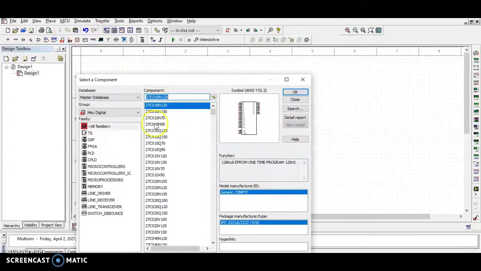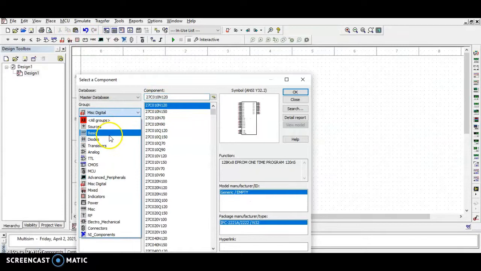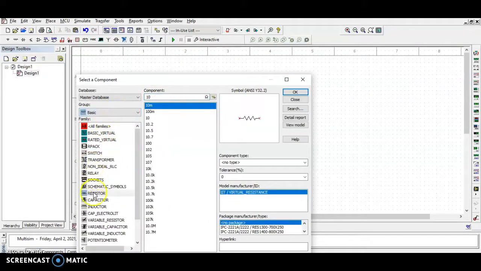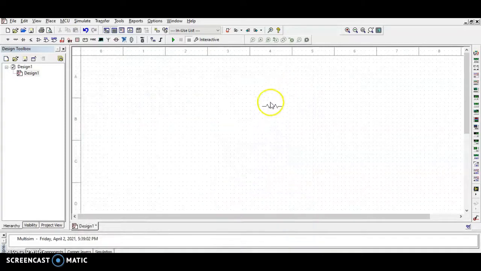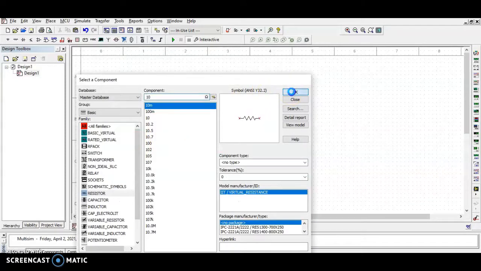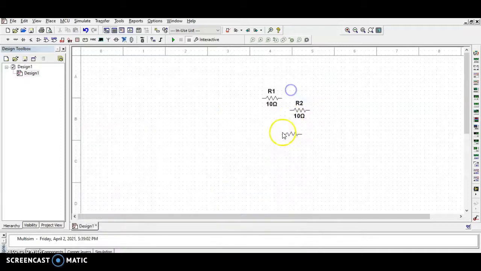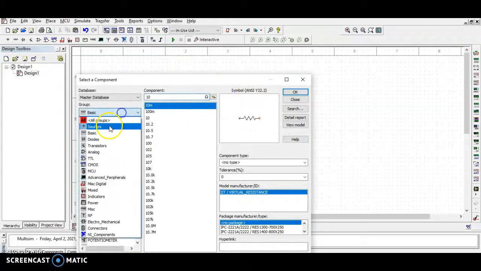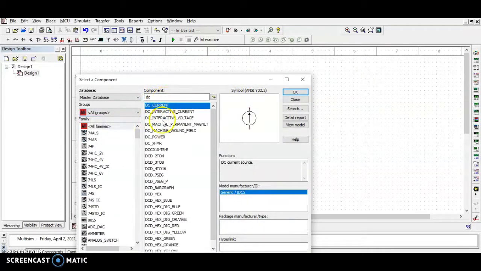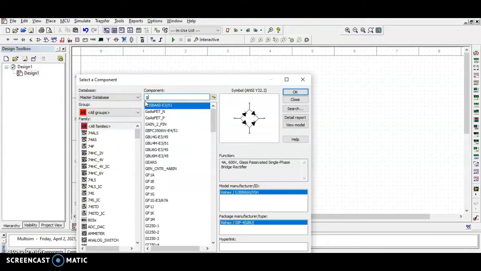So first, we need resistor. Go to basic, group basic, and resistor component 10. Okay, we need to get 3, 1, 2, and 3. So next, we need to go to group DC power. Okay, here DC power, voltage source. We need ground.